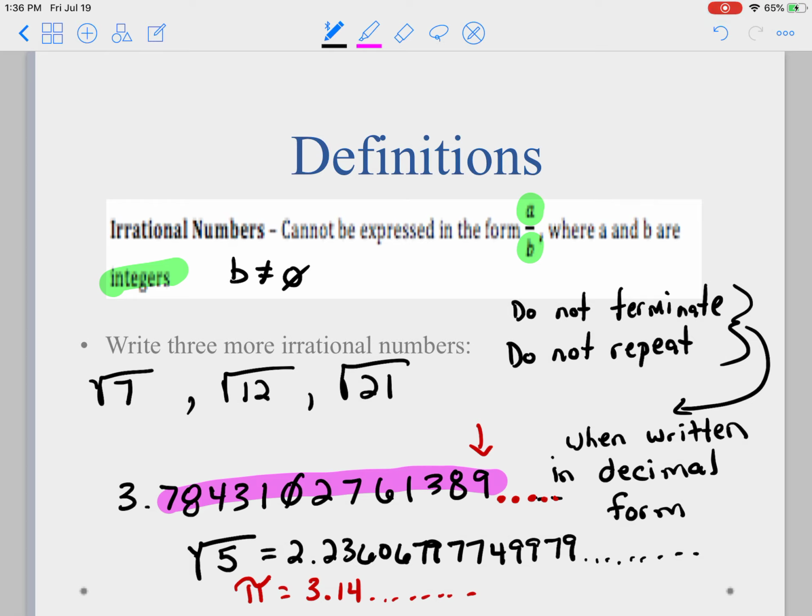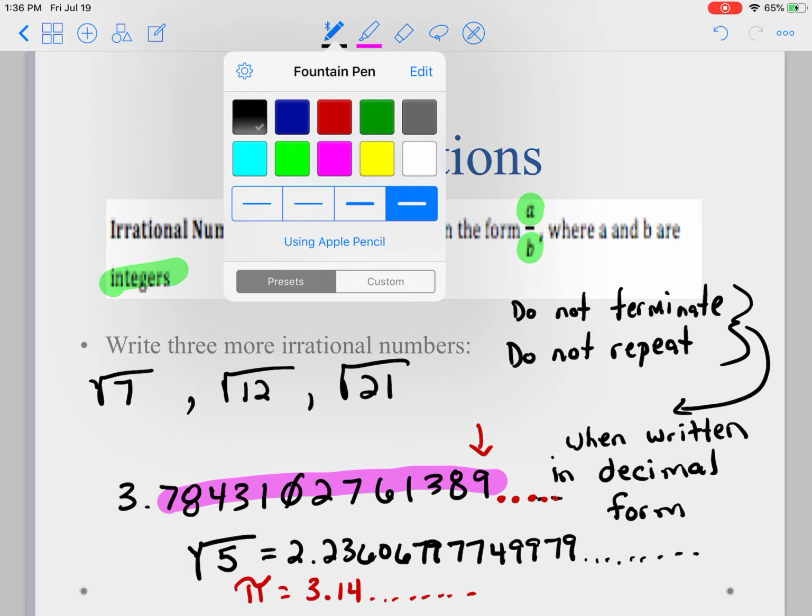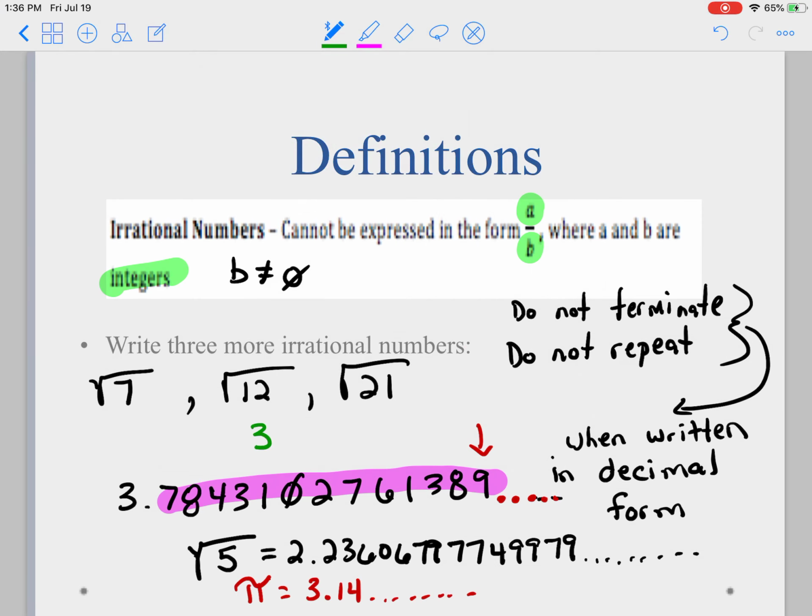You will not see an integer, for example, like 3, the number 3, and I'm going to write it in a different color here. Let's write it in green. If I were to write the number 3, this would not be considered an irrational number because if I were to look at the properties of this number 3, we will see, first of all, that if I were to add a decimal, I would add a 0 to make it 3.0.